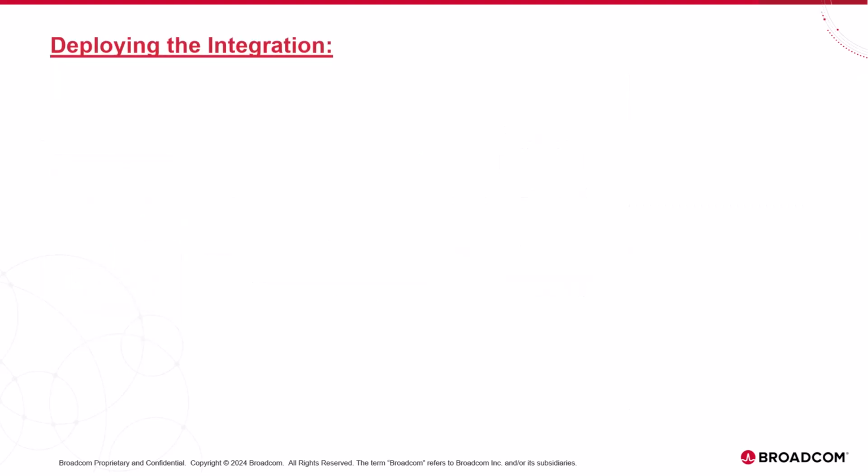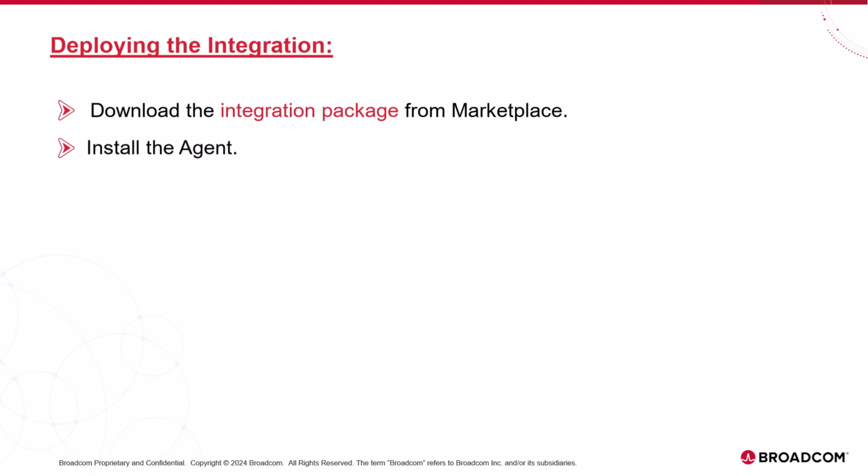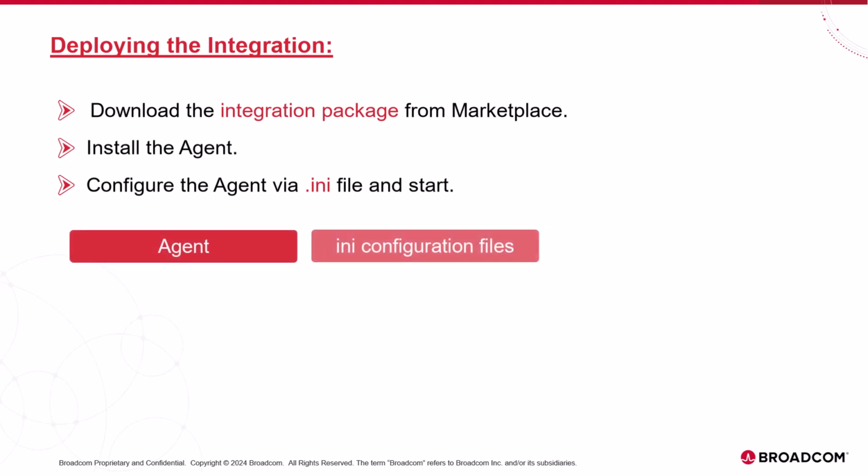The procedure to deploy the SAP BOBI integration is as follows. First, we download the integration package from Marketplace. This package contains all the necessary elements. We unzip this package, which produces a directory containing the agent, the INI configuration files, and several other items, like the start command.